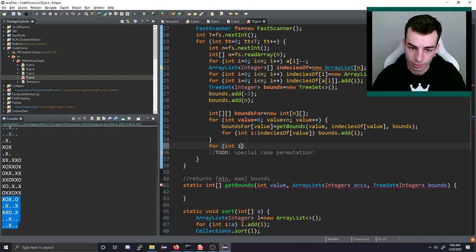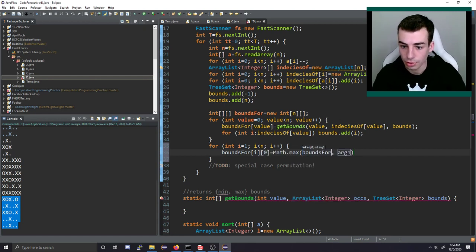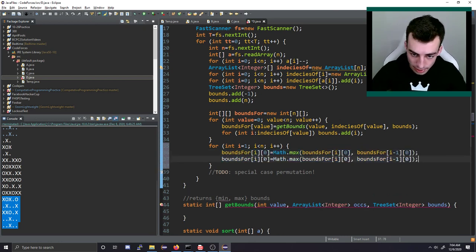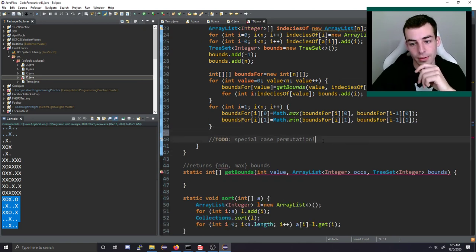I equals 1, less than n, plus plus. Bounds for i 0 is math.max of bounds for i 0 and bounds for i-1 0. And then this will be the min.